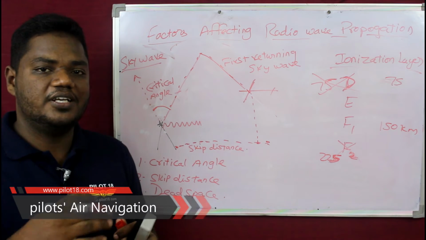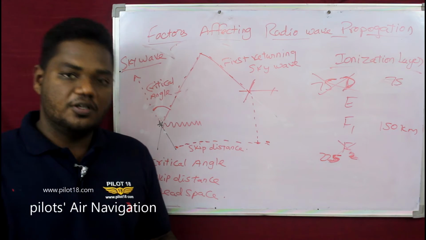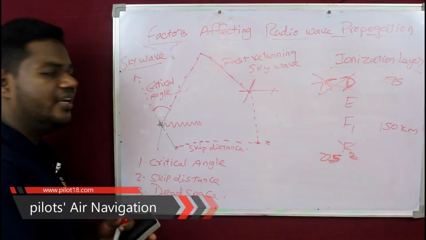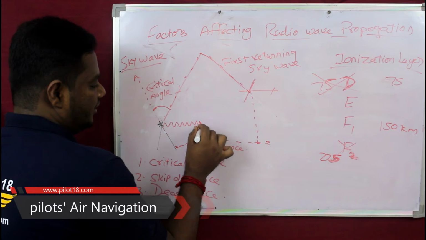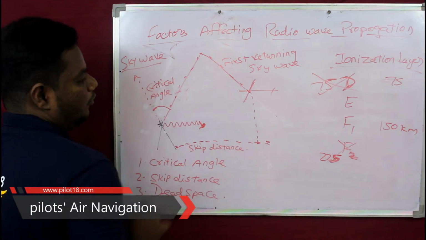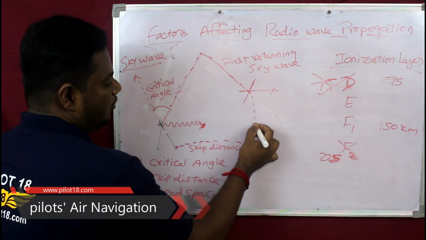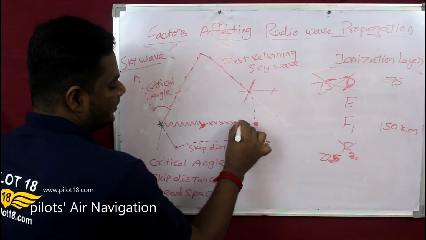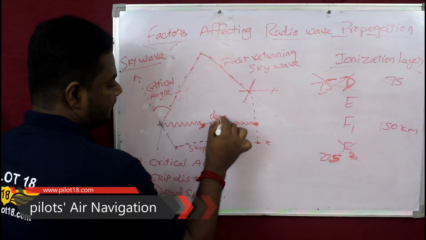Okay, because they are traveling over the earth, and earth is full of rock materials, they absorb the power from the radio waves, so they will easily attenuate and vanish at a shorter distance. So let's say my ground wave ended at this point, and my sky wave I got here. So within this region I have no signals, so this is known as dead space.